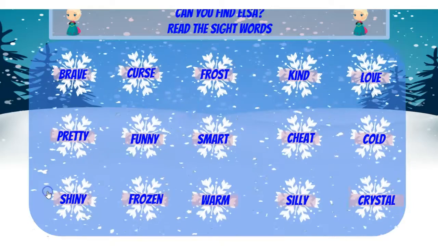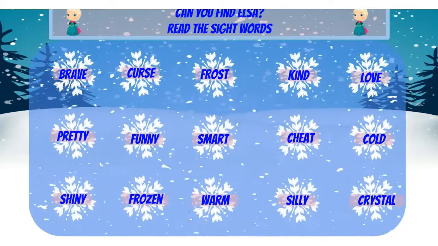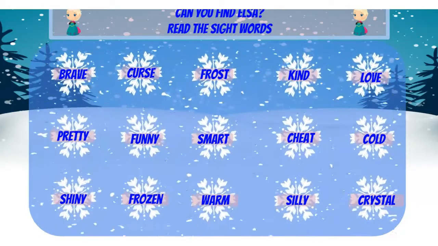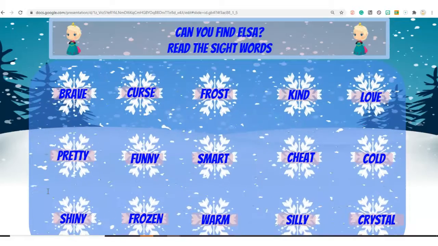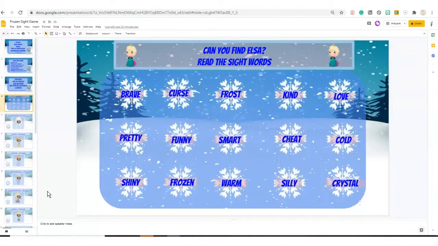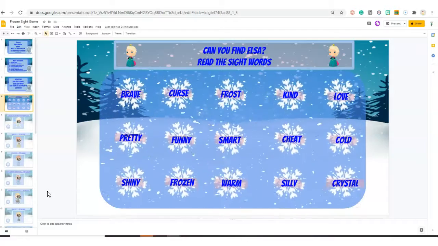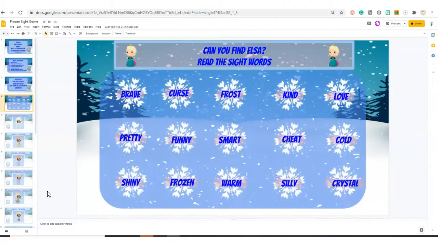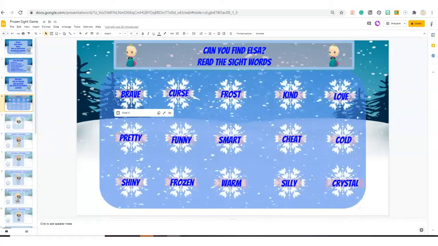And as the teacher, you have the control to edit this, and you can switch her hiding spot to a different spot. In order to do that, it's kind of simple. You want Elsa to be under another word. At the top of each one of these, you can see it says slide.